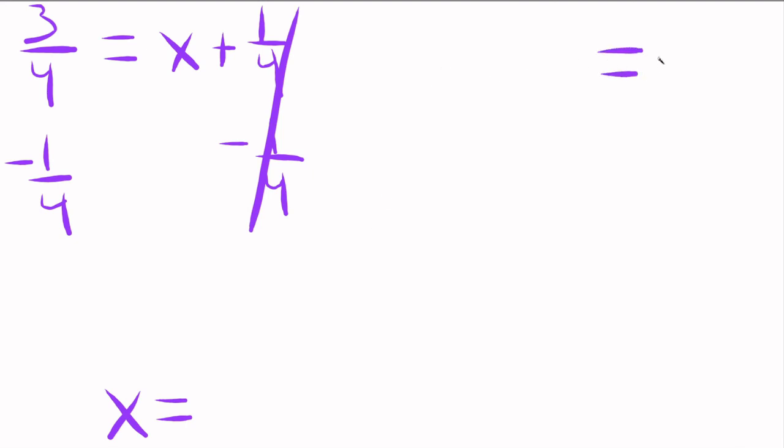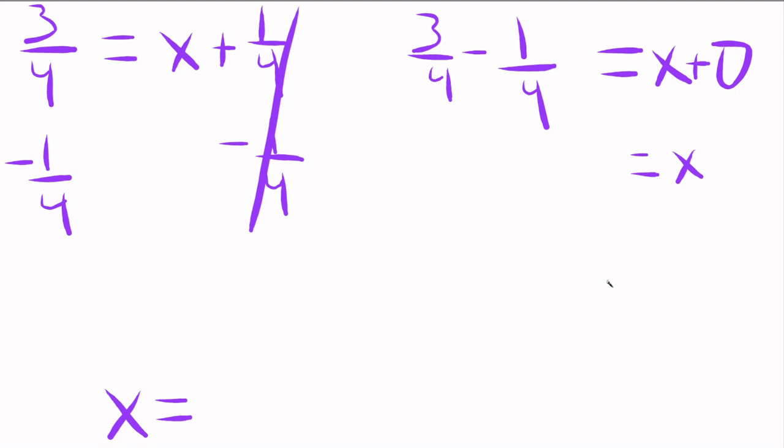So my right-hand side is just x plus 0, or just x. And my left-hand side is now 3/4 minus 1/4.